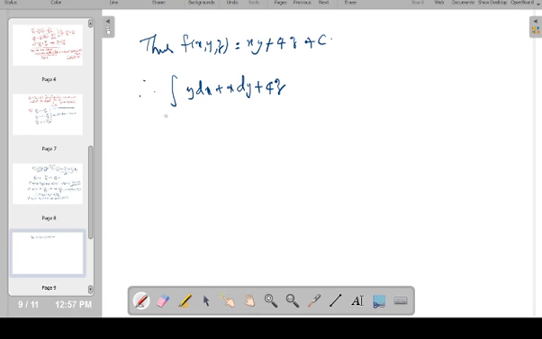From (1, 1, 1) to (2, 3, minus 1). I think these are the lower and upper limits. So this is the integral from a to b of F dot dr, where a is (1, 1, 1) and b is (2, 3, minus 1).